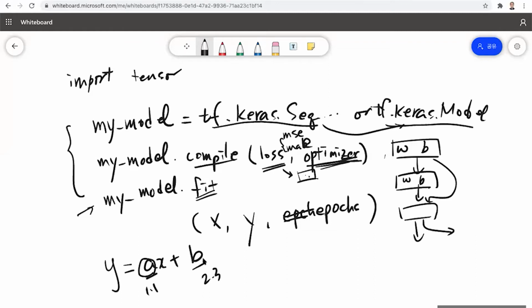Actually, there are so many parameters, so we have to estimate them. And finding these numbers, the weights and biases, is what my model.fit is doing. So that's the fit.